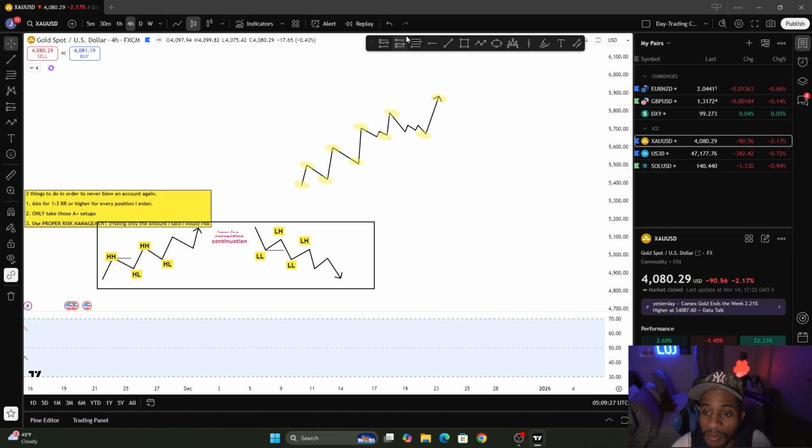You would know the uptrend is finished once price takes out this swing low. The most recent swing low in an uptrend, you would know the uptrend is finished once price takes out the most recent swing low. So it would go something like this. Price takes out the swing low.